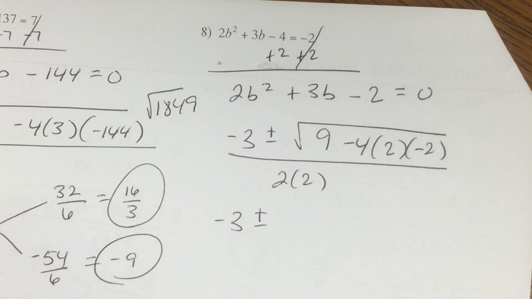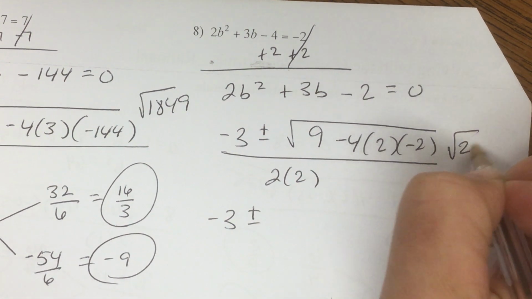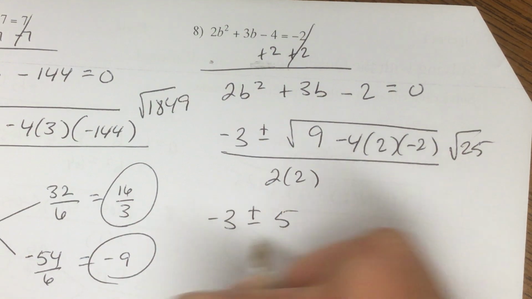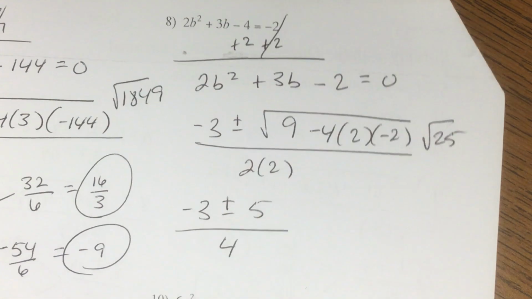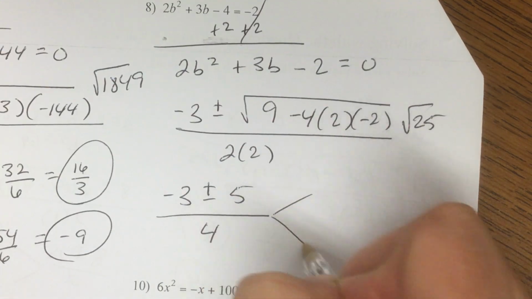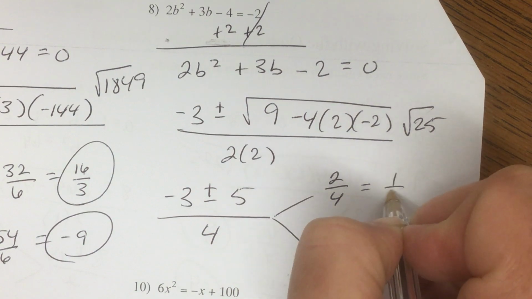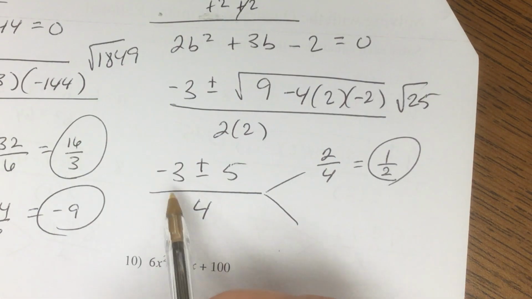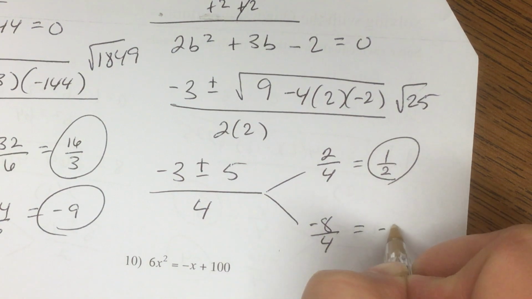But if you don't see that, then do minus 4 times 2 times negative 2, and you're going to get 25. And so the square root of 25 is 5. And then 2 times 2 is 4. So then negative 3 plus 5 is 2, divided by 4 is 1/2. And negative 3 minus 5 is negative 8, divided by 4 is negative 2.